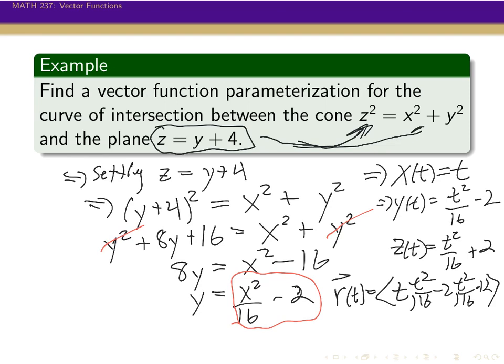So there's our parameterization. And as I said earlier, actually going through and doing the algebra gave me a much better idea of what this looks like than trying to draw it out. It's too hard to draw this perfectly to figure out exactly what the sides of this will look like.